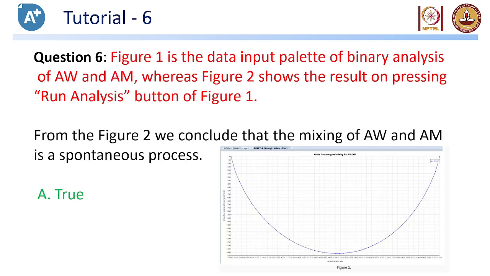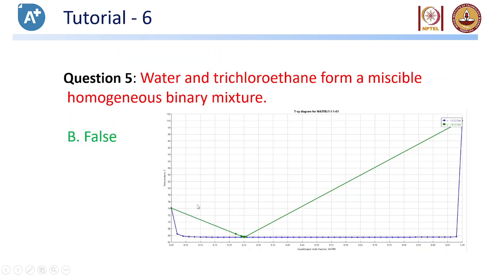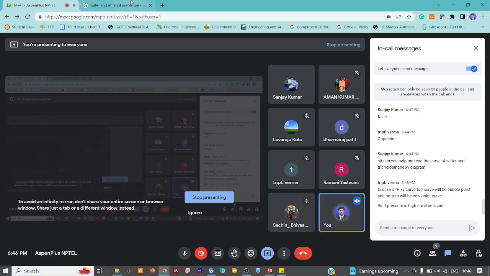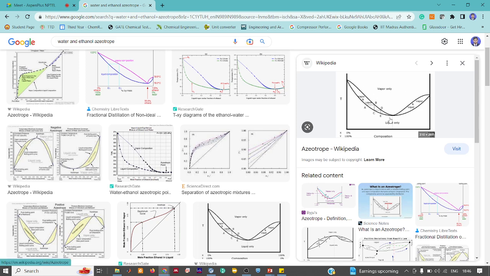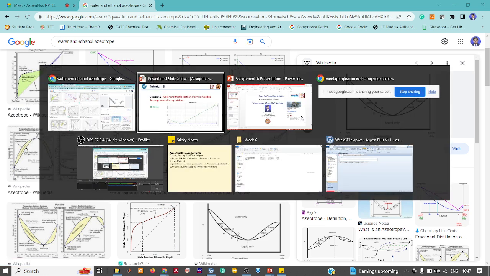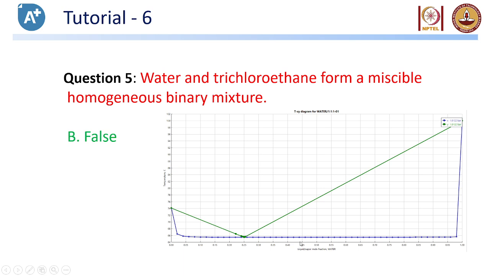In the case of a homogeneous azeotrope, I have shown you an example here. See, it's quite smooth. However, in the case of a heterogeneous azeotrope, you have this kind of curve. It will be a flat horizontal line. From this point to this point you have one liquid, and from this point until this point you have another liquid.